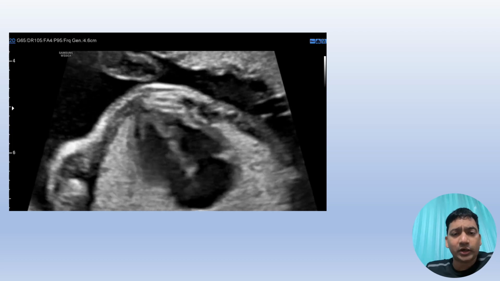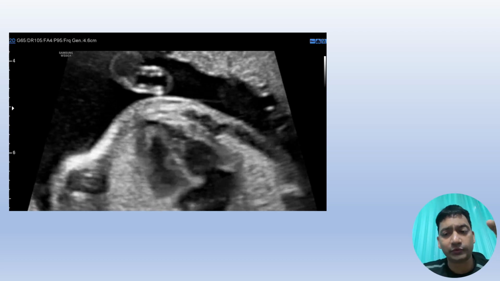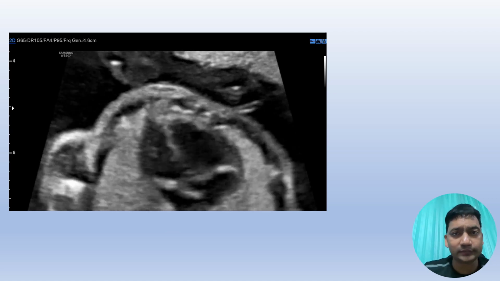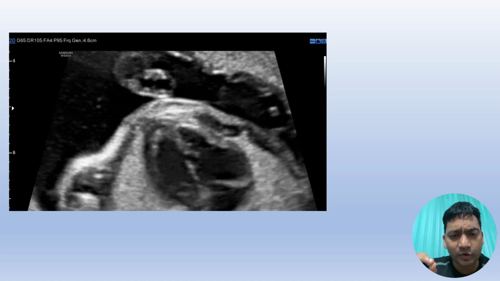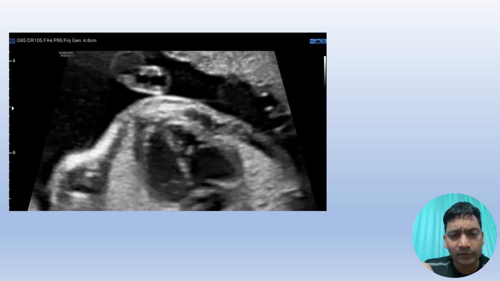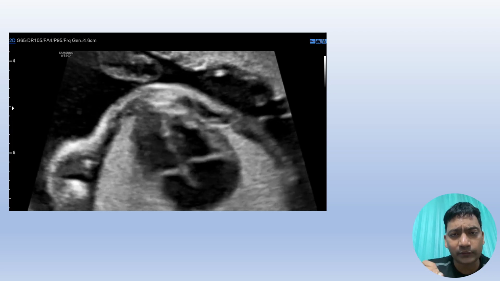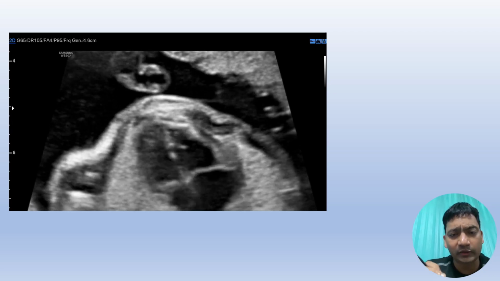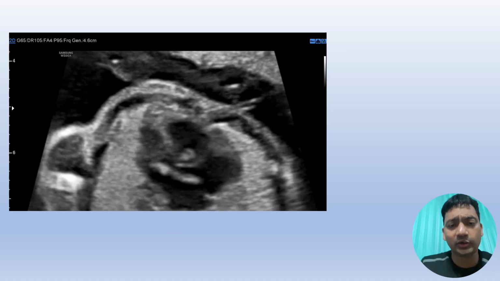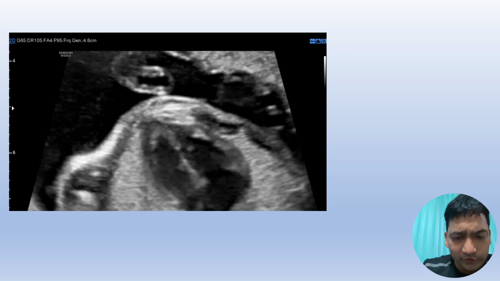Now the first tip I would like to give you to recognize a muscular VSD is that whenever you see a small defect in the interventricular septum, and you see that there is some septal tissue still remaining between the crux and the VSD, then that means you are looking at a muscular VSD.